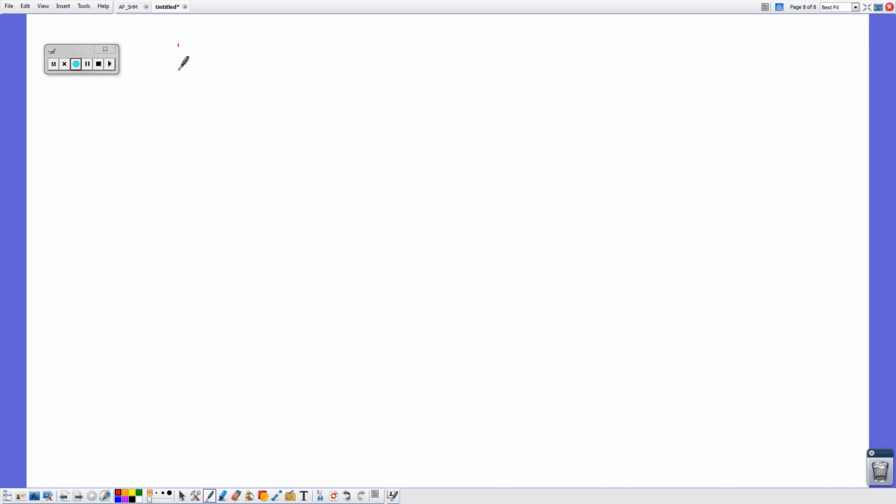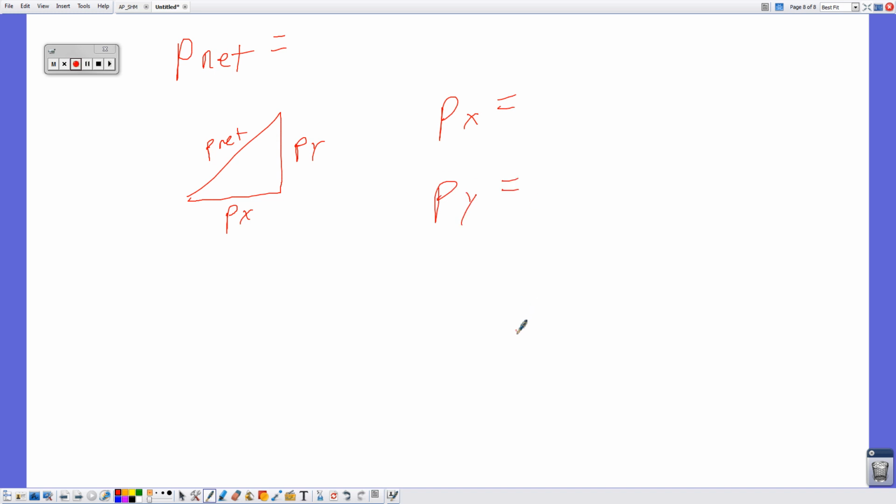according to the notes we just took, the first thing I should find is my net momentum. Once I find my net momentum, I'm going to find my x momentum and my y momentum, both for after the crash, I should point out.